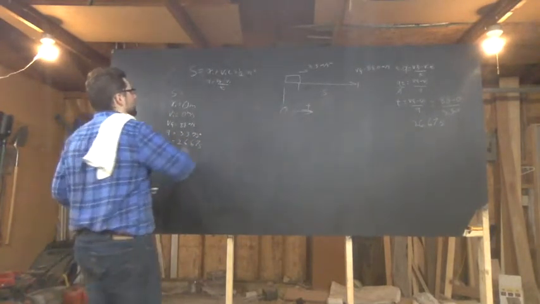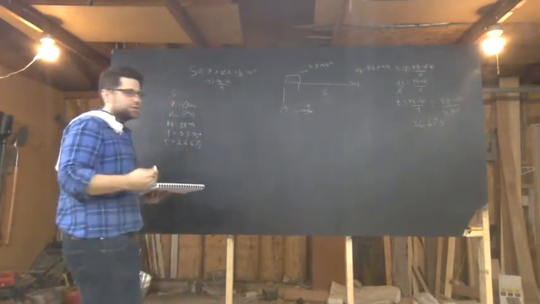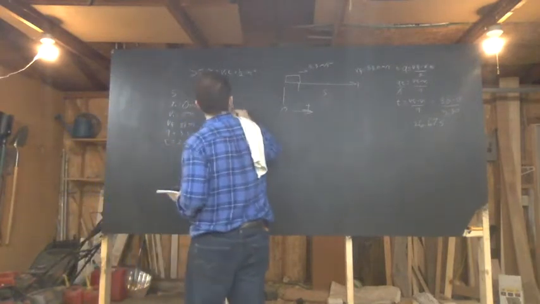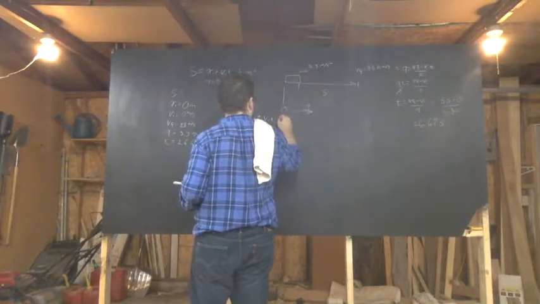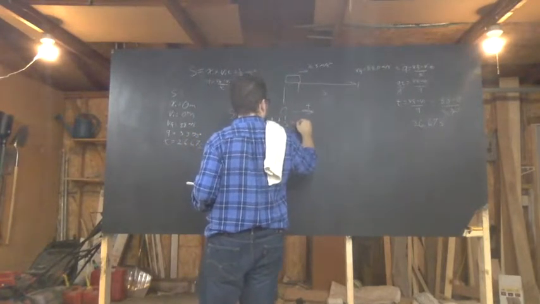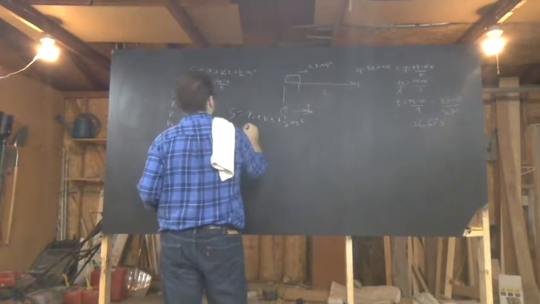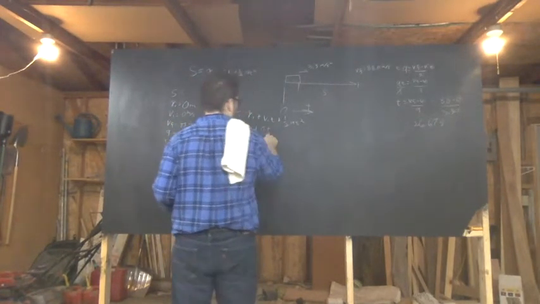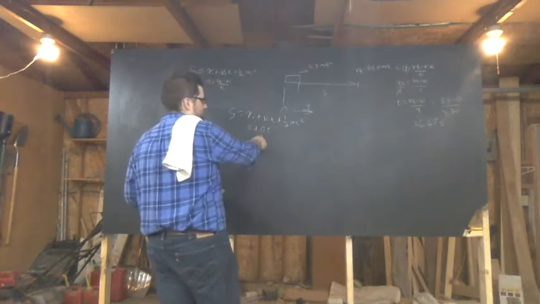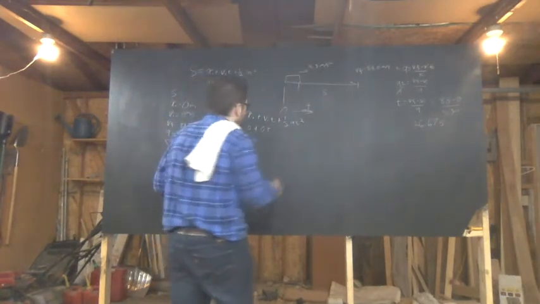So now I have all the variables necessary for my s equation. So let's go ahead and plug those in. So s equals xi plus vit plus 1 half at squared. And that's going to be 0 plus 0t. And I'm just going to write t instead of substituting the number in because I've got a 0, so I'm just going to get rid of it anyway.